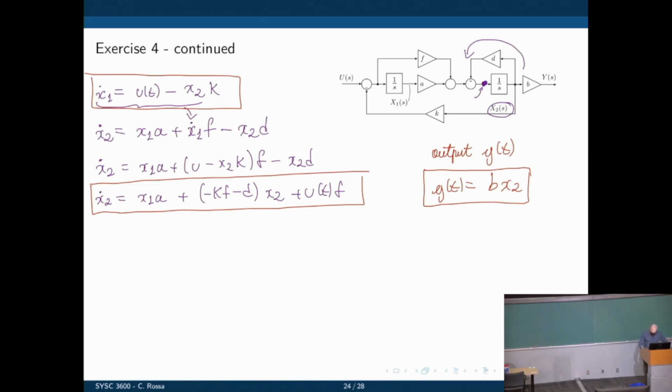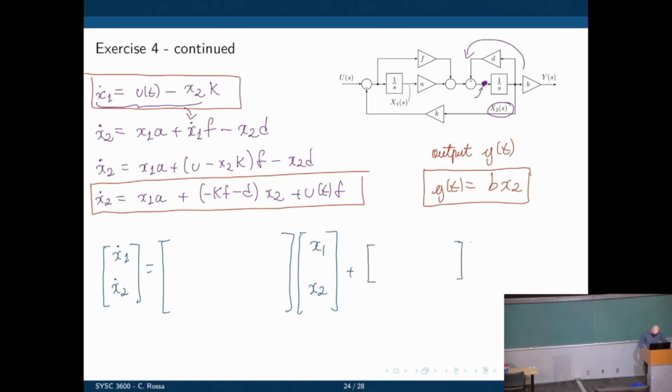All right, so now we can proceed to the final step. We have x1 dot, x2 dot, and this is equal to matrix A times x1, x2, plus matrix B times the input, and the input is u of t.